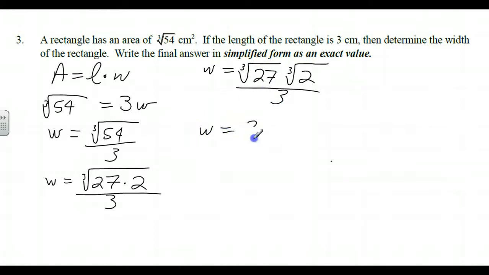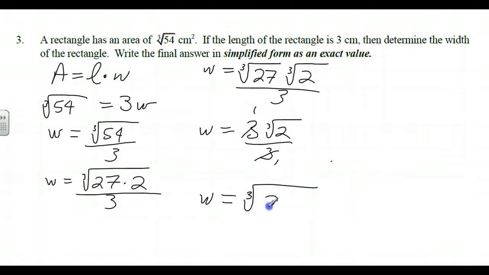Cube root of 27 is 3, so it's 3 cube root 2 over 3. Cancel. Cancel. And W is cube root 2 centimeters. Notice, not written under the radical sign, which kind of extended out a little bit.